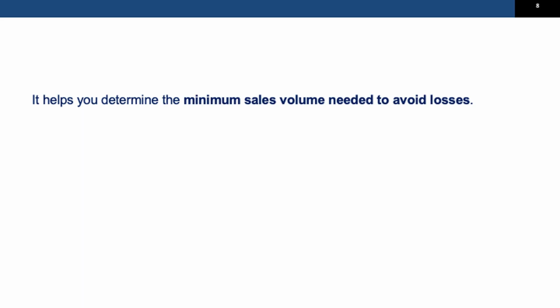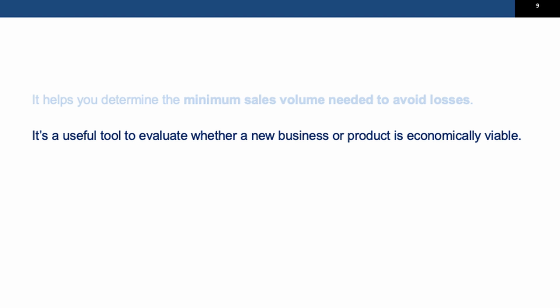Why is the break-even point so important? Here are three key reasons. First of all, it helps to determine the minimum sales volume needed to avoid losses. It's a useful tool to evaluate whether a new business or product is economically viable. That means, will we be able to sell the minimum amount for covering all the investments required, where the investments are the fixed costs?